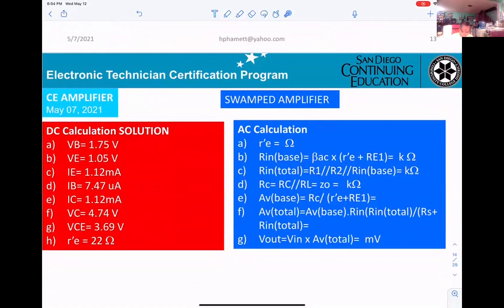Okay, the first thing is the answer for the DC calculation. That's the value for DC calculation. And now for the AC calculation, I gave you the formula. R in base equal beta AC times R prime E plus R E1.